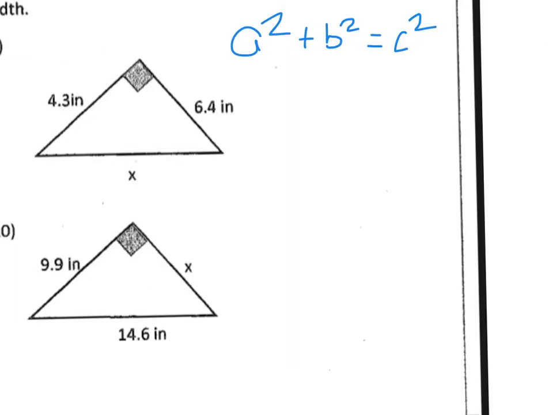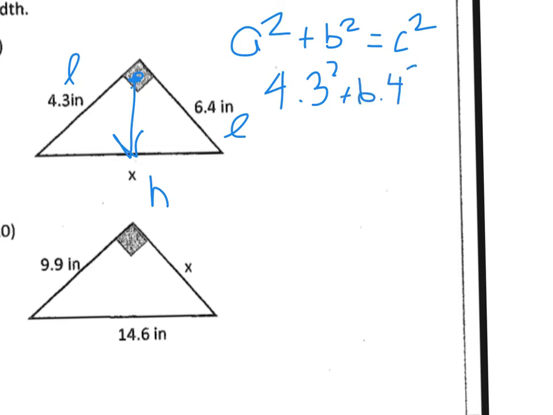Alright, so same thing with number 8. We're given a right triangle. You know that because of the symbol. And we know that this is our hypotenuse because it's directly across from the right angle, and this is a leg, and this is a leg. So we can say that 4.3 squared plus 6.4 squared is going to equal x squared, or c squared.